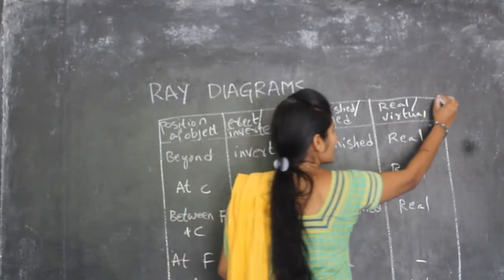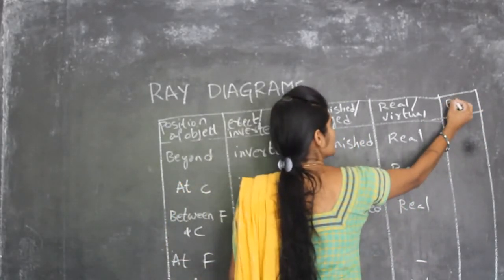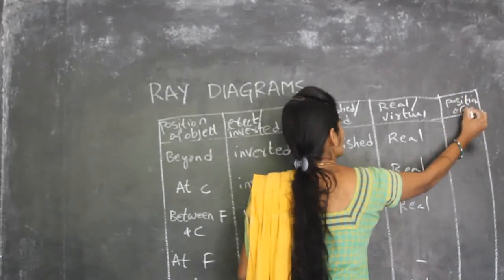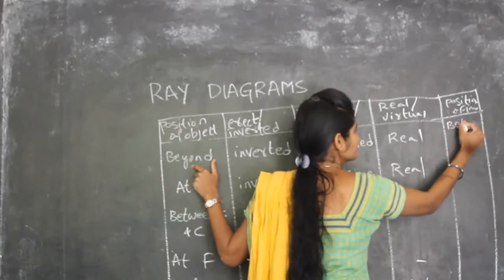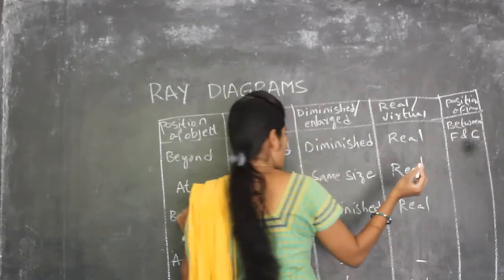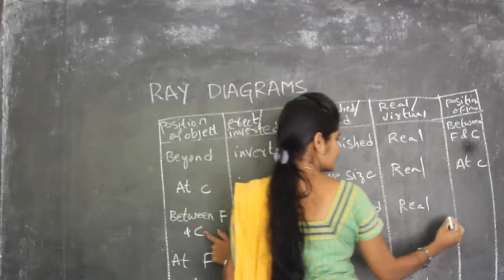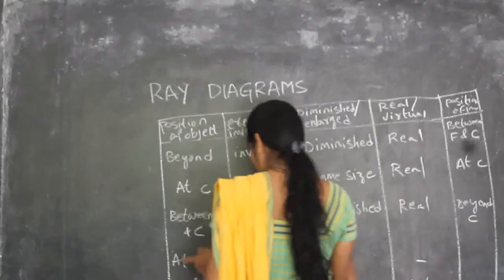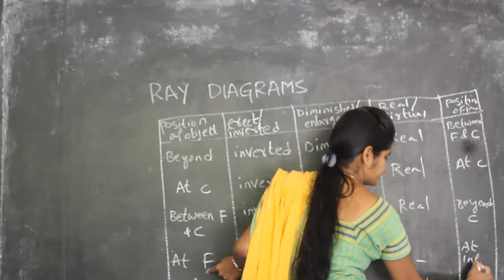And here, where was the image formed? So position of image. Beyond C, where was it? It was between F and C. Next, at C, it was at C. Next, between F and C, it was beyond C. Next, at F, it was at infinity.